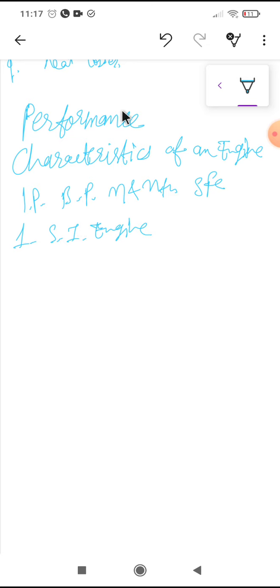I will just draw a few diagrams of power versus speed.